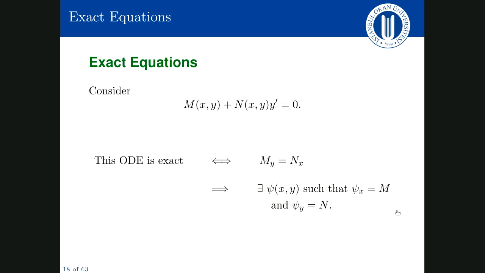And if we know that the equation is exact, then we can find some function psi of x and y such that the x derivative of psi is equal to M and the y derivative of psi is equal to N. After we find this function psi, the solution to the differential equation is psi equal to some constant.